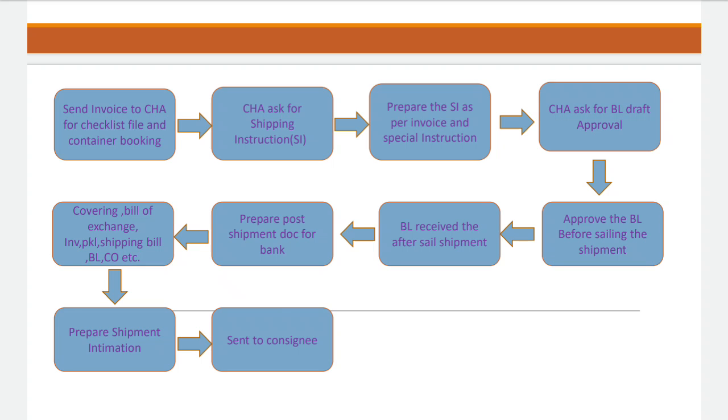So the head office will handle the activity: once we receive the purchase order, we prepare the proforma invoice regarding the rate and payment terms, incoterm, payment terms, port of loading and port of discharge, all the things we mention.